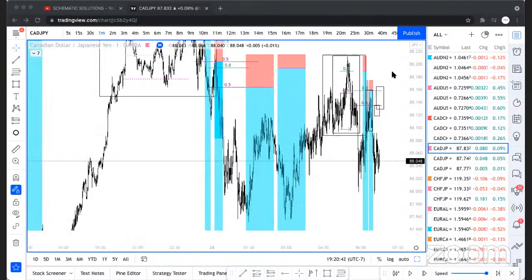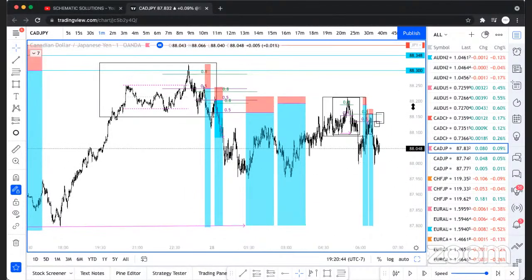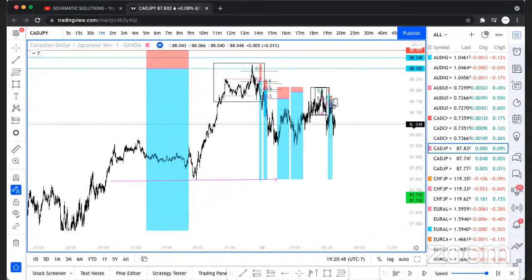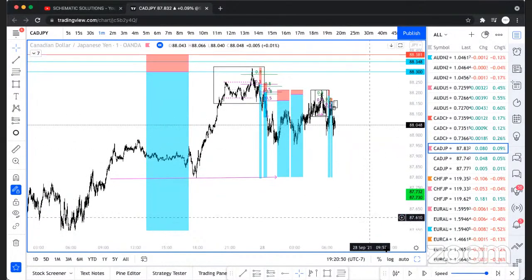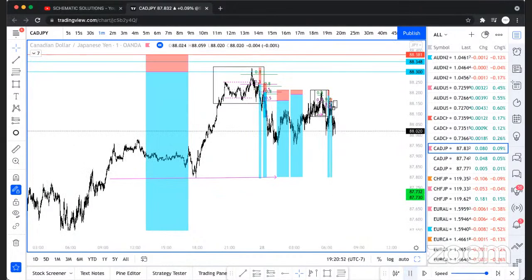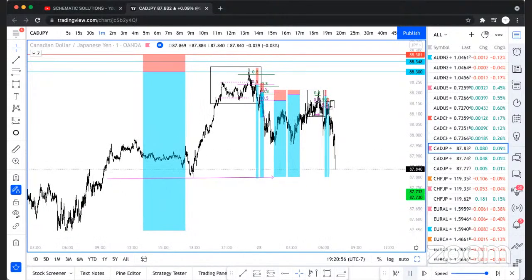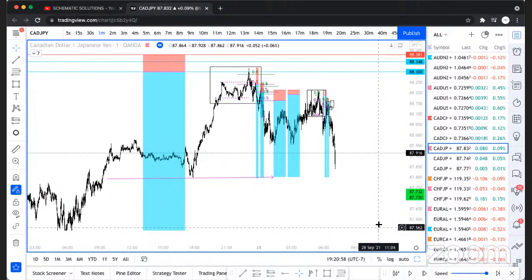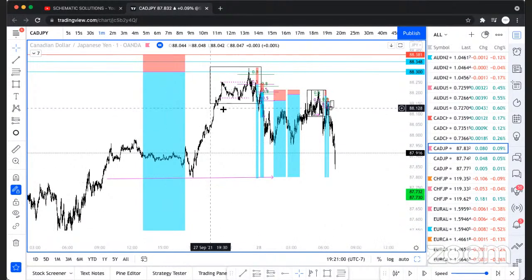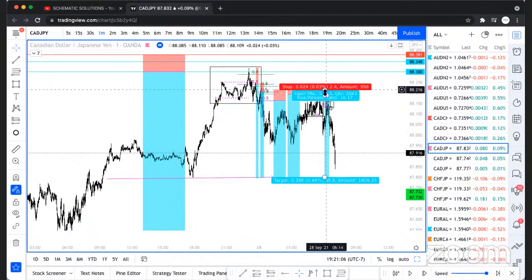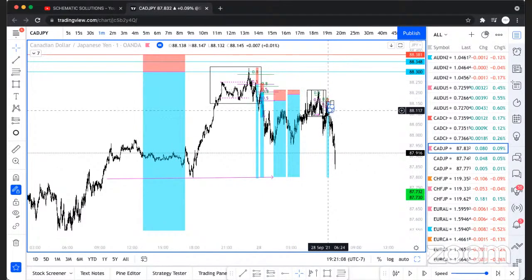Let's zoom out. Now, quick question. As of right now, are you risk free on all of these positions? 1, 2, 3, 4, 5, and then this didn't get tapped in up here. 6, 7.